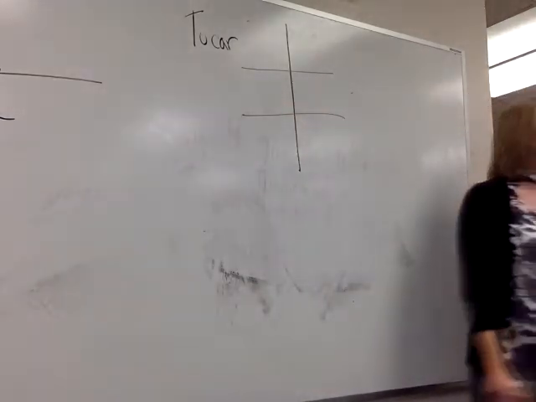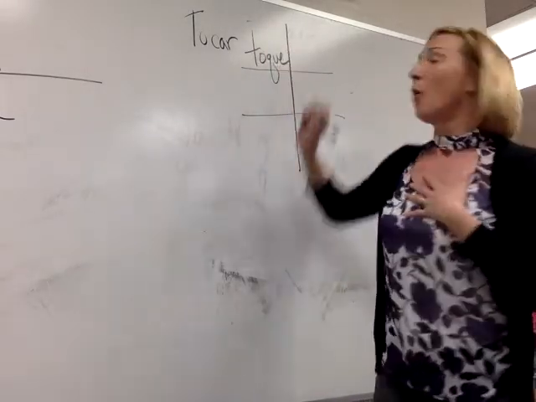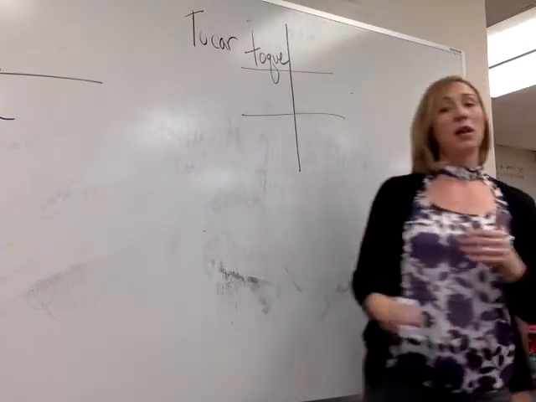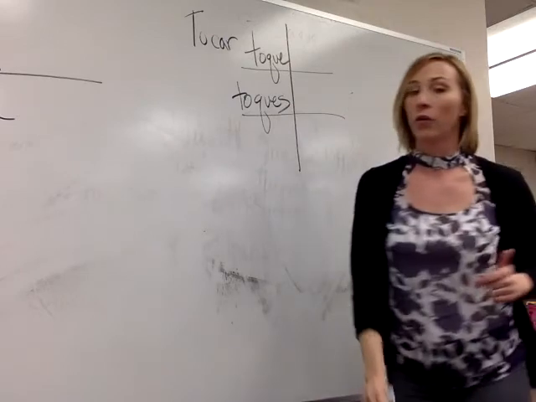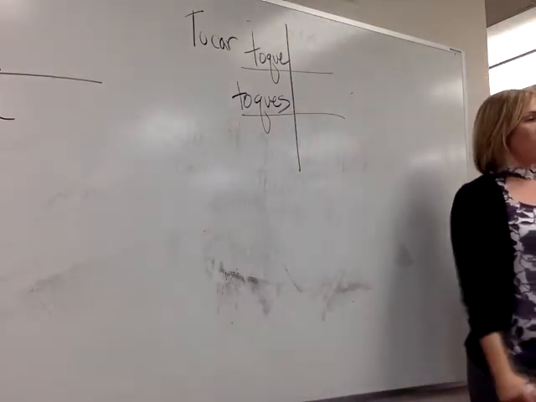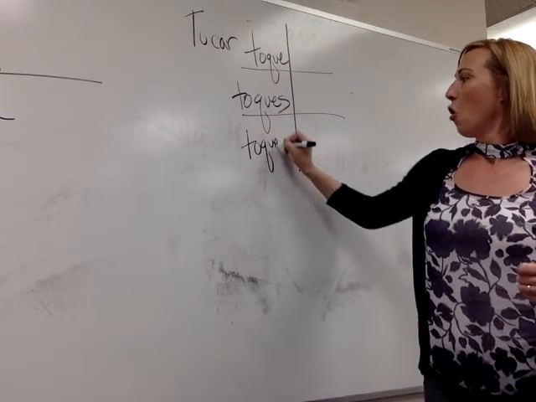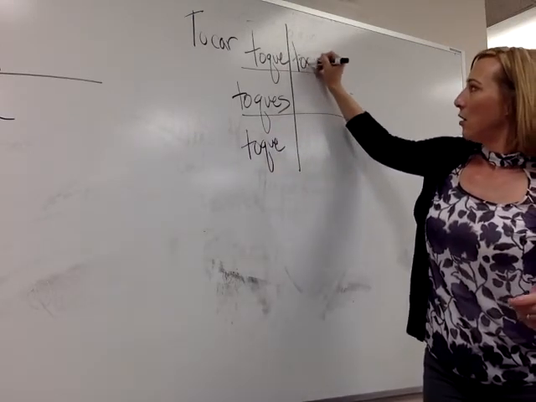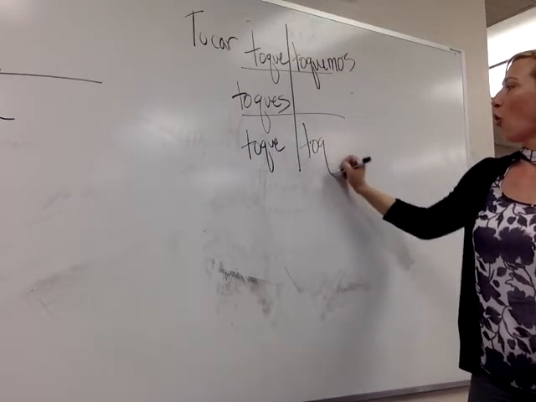So I touch or I play in the subjunctive is going to become what? Toque. But you touch or you play is going to become what? Toques. The he, she form, he or she touches or plays, is going to be the same as the yo form, toque. We touch or we play, toquemos. And they touch or they play becomes toquen.